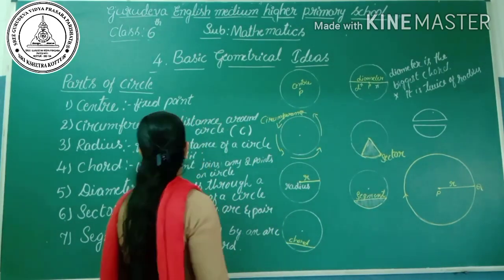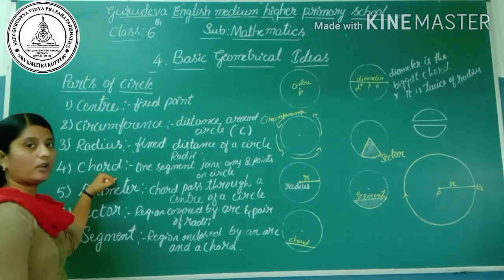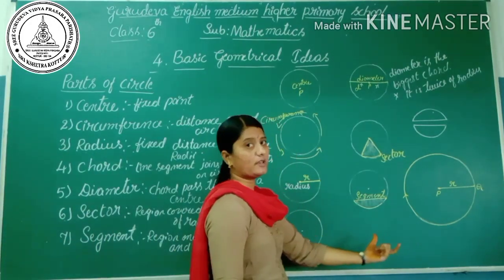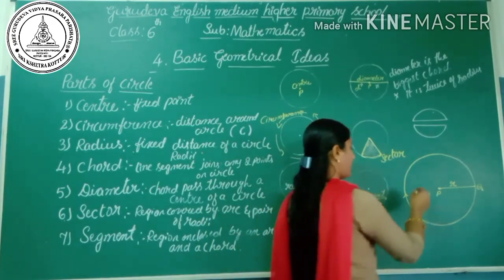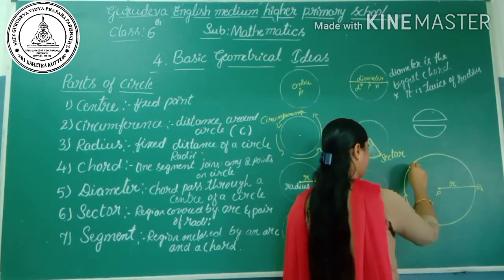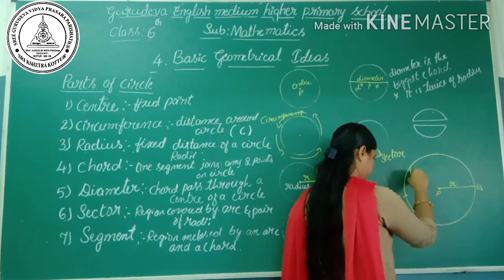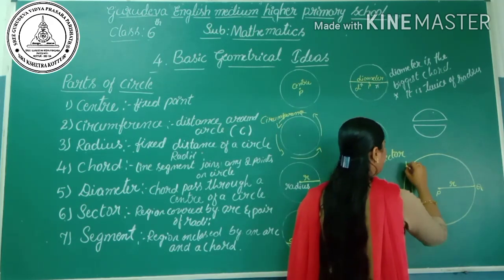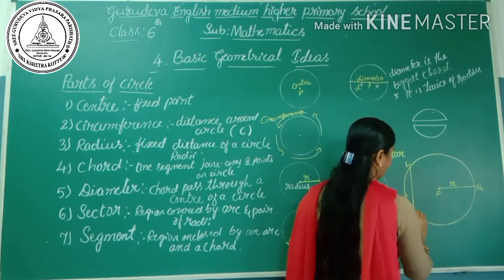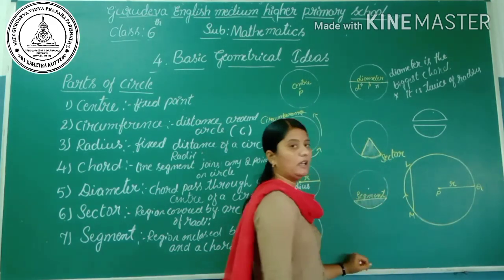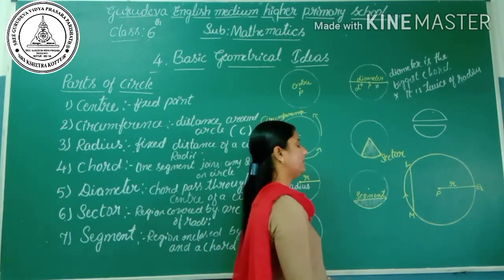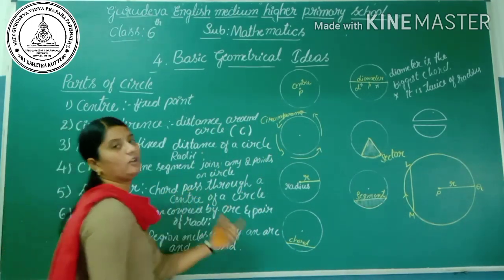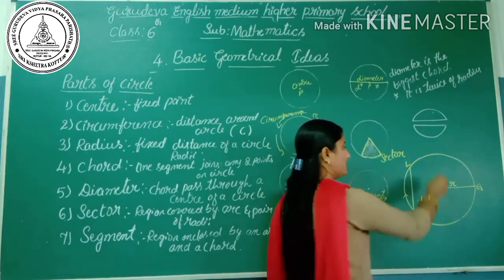Then the next one is chord. What do you mean by the chord? A line segment which joins any two points on the circle. I will mark here chord. Here L, M. So LM is a chord of a circle. The next one, diameter. A chord passes through the center of a circle.